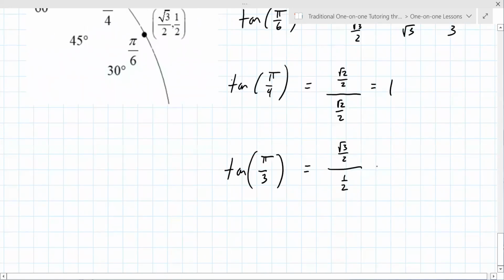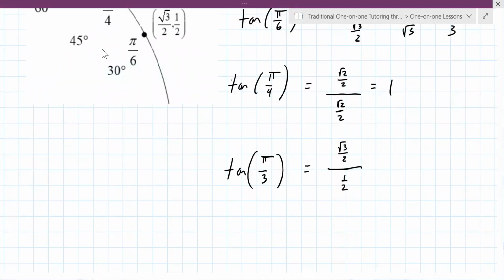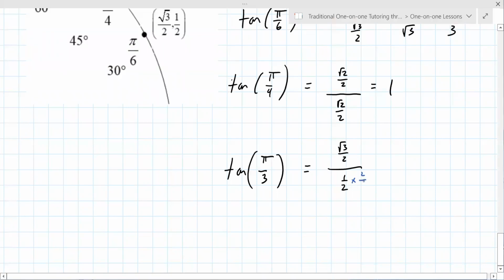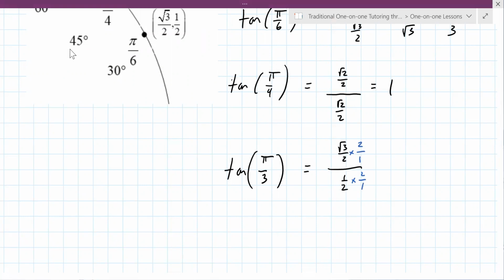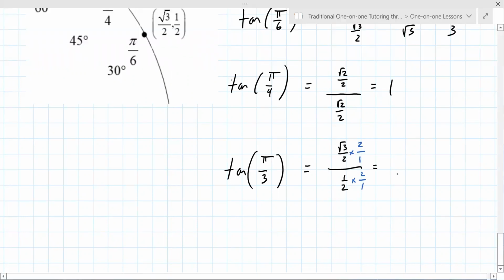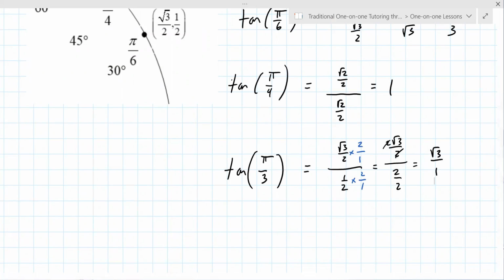And this time, if you multiply the top and bottom by the reciprocal, the bottom cancels. So you get 2 root 3 over 2, the 2's cancel, and root 3 over 1. So this becomes just root 3.